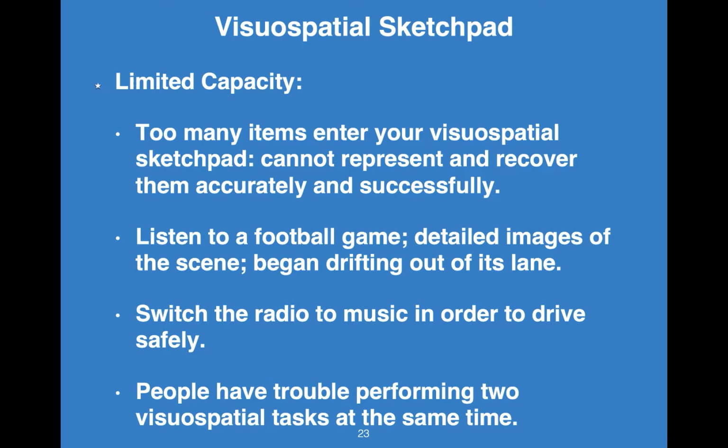One visuospatial task is looking at the highway in front of your car. But when you listen to a sports game, your brain wants to form an image of the sports scene and the players' actions. That will reduce the attention you give to the road in front of the car. Therefore, your car drifts off the line.